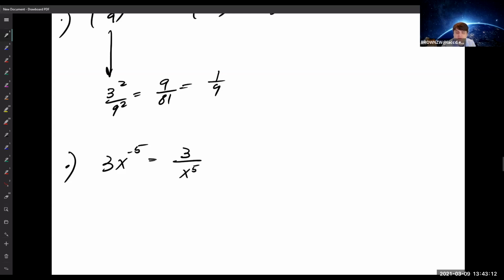If we wanted to bring that 3 into the denominator, what we would have to do is write it as 3x to the negative 5. And then this would become 1 over, and now we'd have to actually say, all right, well, this is (3x) to the 5th. And then we'd have to work this out, right? That's 1 over 3 to the 5th, which is 243, x to the 5th.